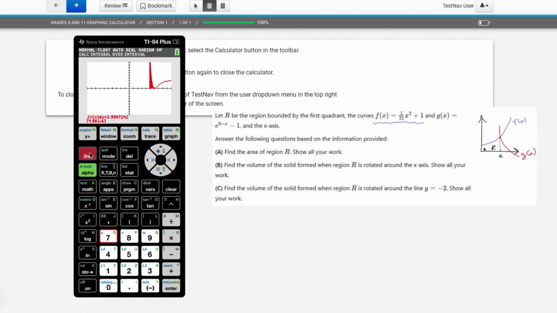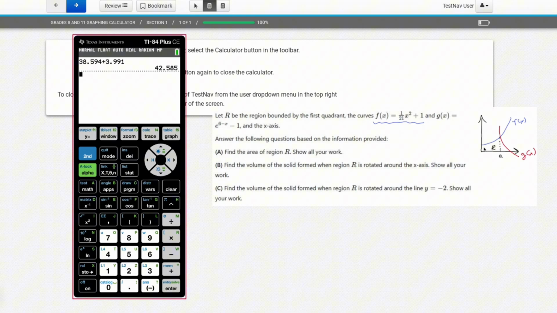Now, what I forgot to do last time is let's add those guys up. 38.594 plus 3.991, enter, and you get 42.585.